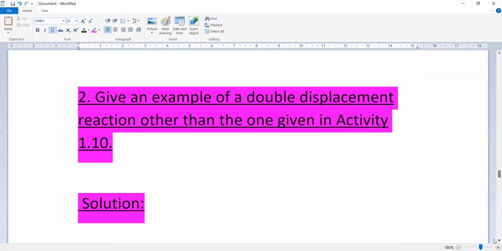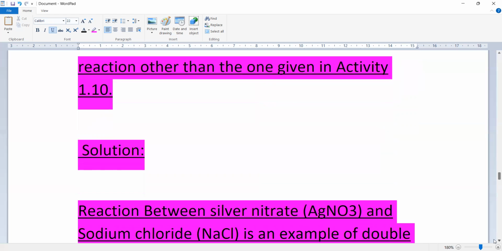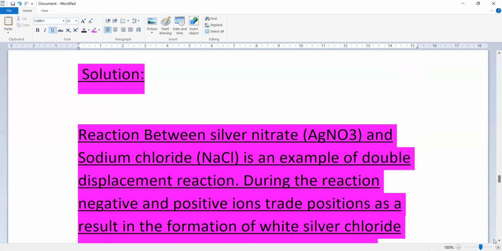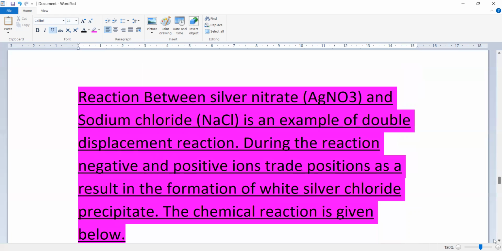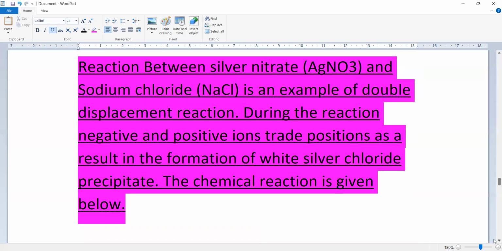Give an example of a double displacement reaction other than the one given in activity 1.10. You can see activity 1.10 in the textbook. Solution: the reaction between silver nitrate, AgNO3, and sodium chloride, NaCl, is an example of a double displacement reaction.